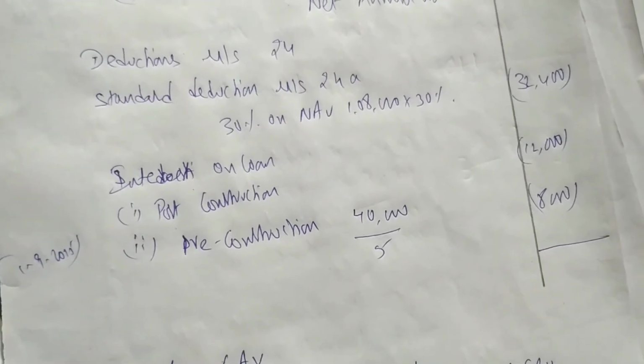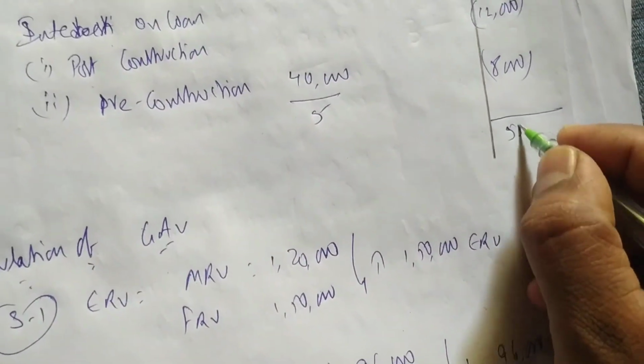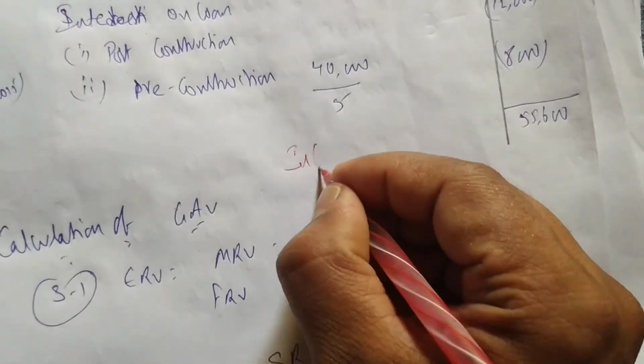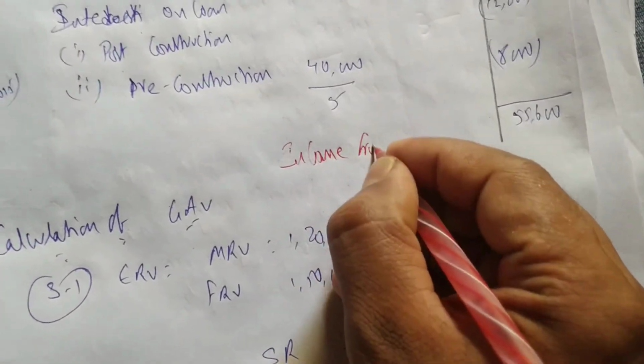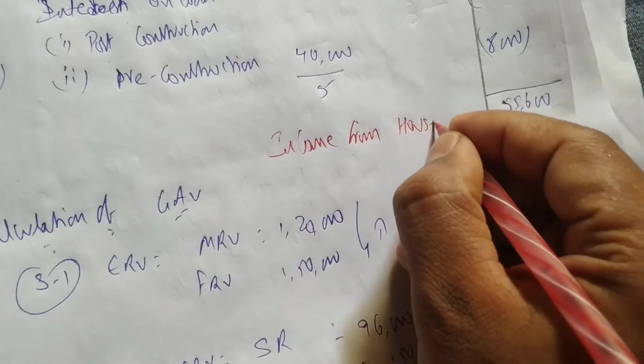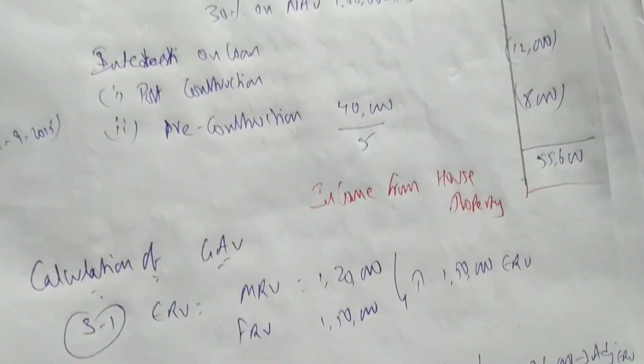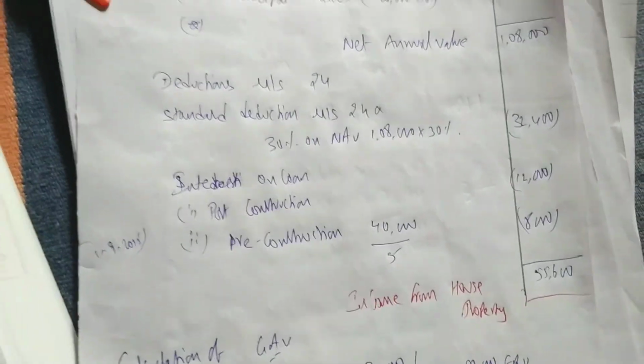You get 55,600 as income from house property. 55,600. This is income from house property. Okay, got it right? Easy.